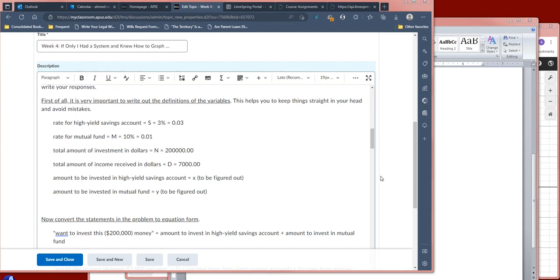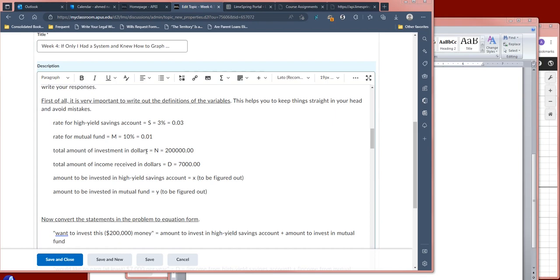Right. To repeat again, Blondie and Dagwood have $200,000 to invest. They want to earn a return of $7,000 per year. They have two investment opportunities or options. One is a mutual fund with an interest rate of 10% per year, and the other one is a high yield savings account with an interest rate of 3% per year.